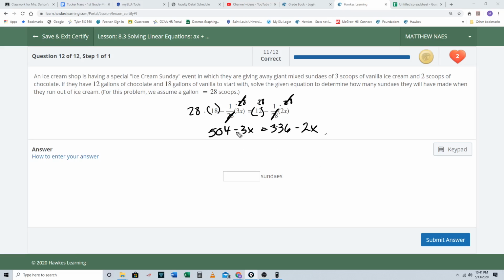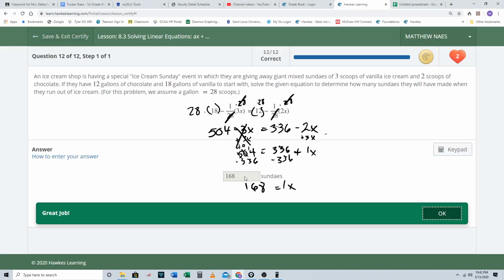So again, move the smaller one, but it happens to be because it's negative, this one's the smaller one, so I'm going to add 3x over. That gives 504, 336 plus 1x, or just x. Then lastly, get rid of the coefficient, subtract 336, and we get 168 equals 1x, which is just x. There it is.